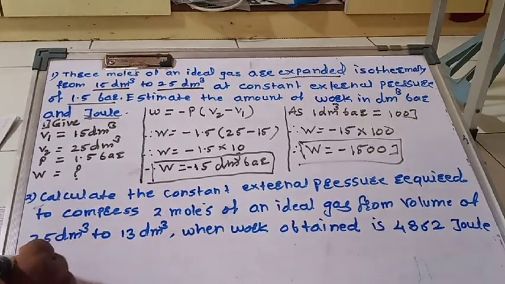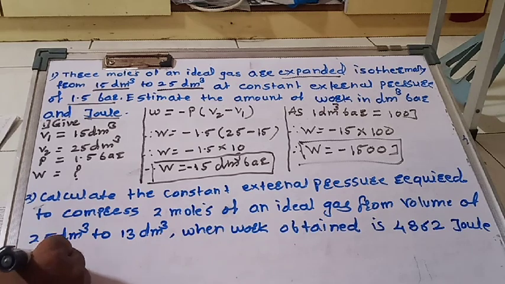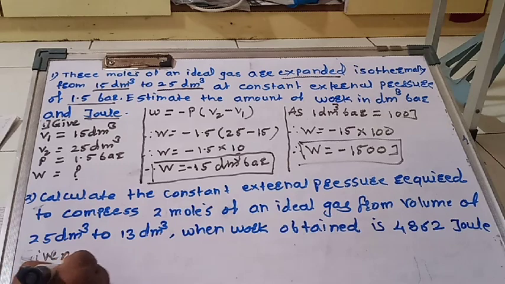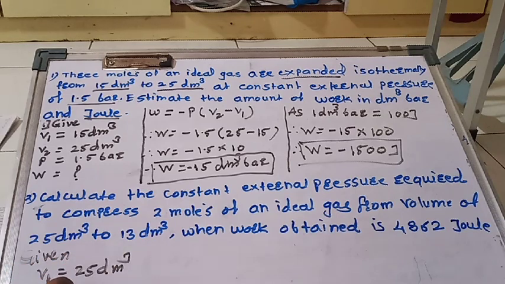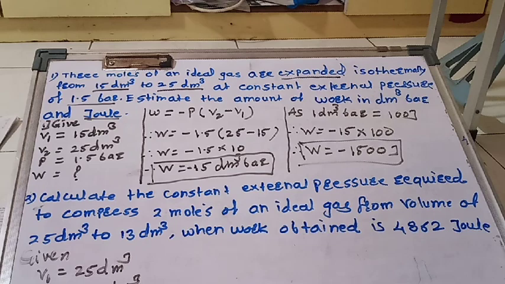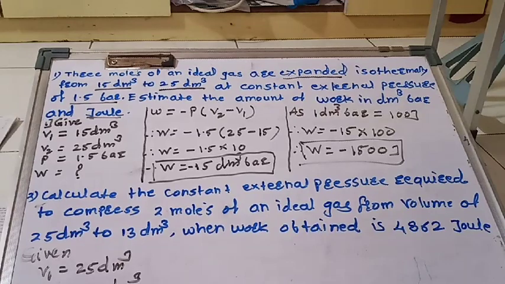So first you write given. V1 is 25 decimeter cube, V2 is 13 decimeter cube, and W is plus 4862 joule, and you have to find P external.